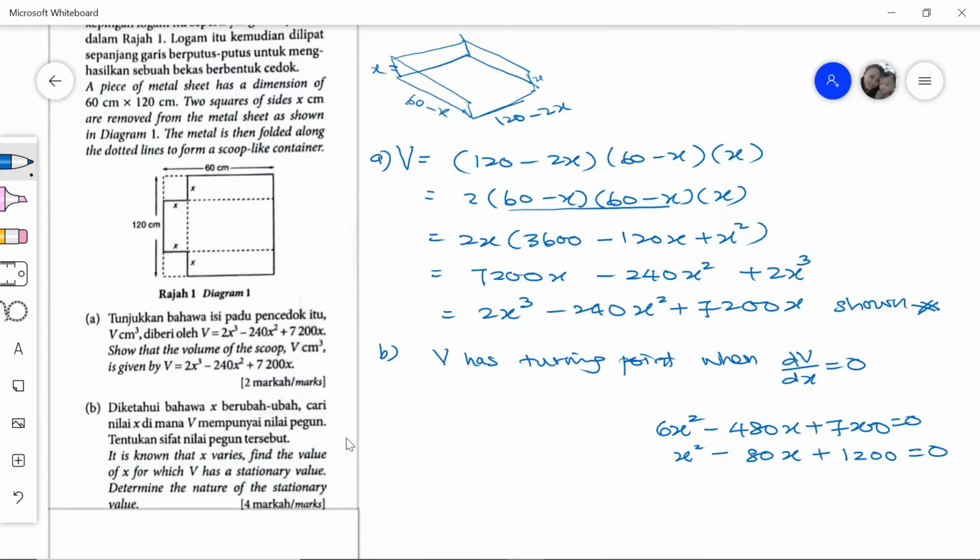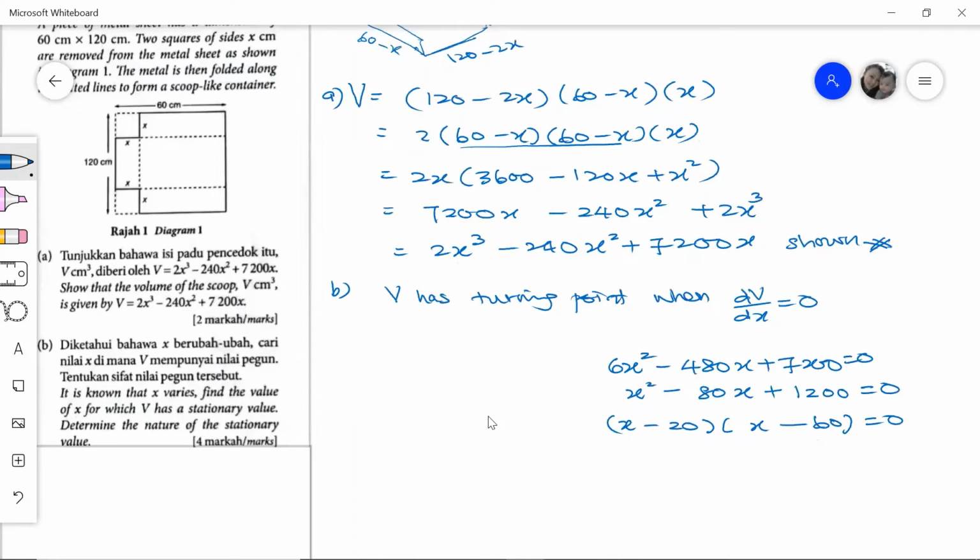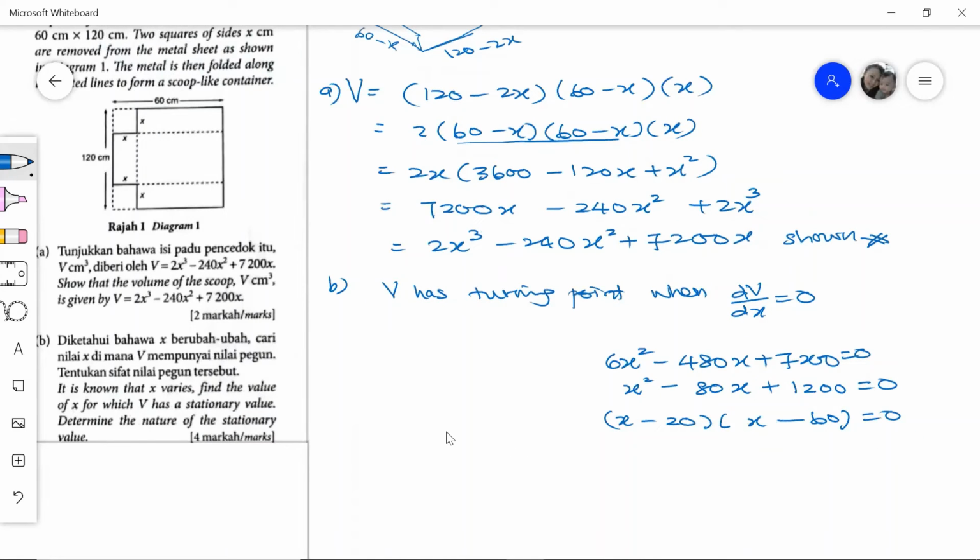Let's factorize this. We have (x minus 20)(x minus 60) equals 0. Over here, we have two values of x, but the question says find the value of x, a single x. Therefore, we shall take x equals 20, and then we reject x equals 60.